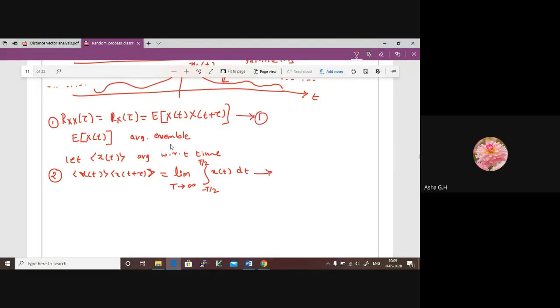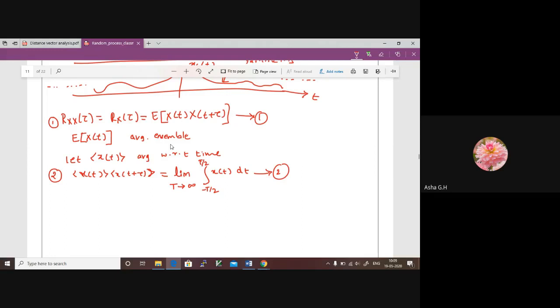This is another equation for finding the autocorrelation function. T tends to infinity means that the sample over a large range is to be considered.